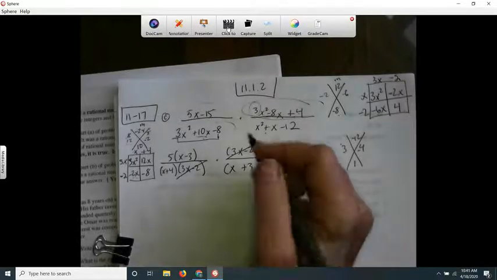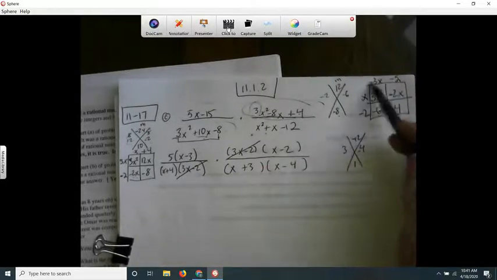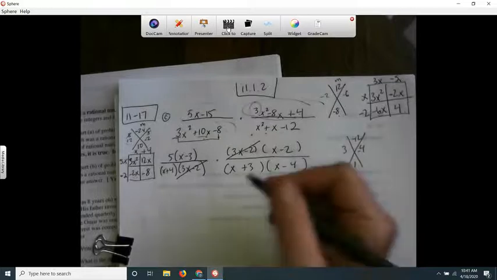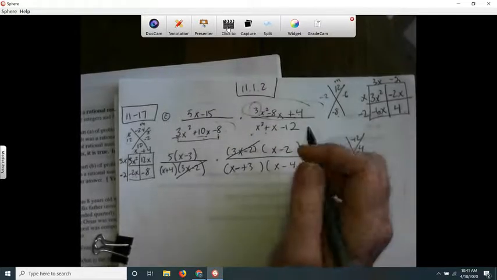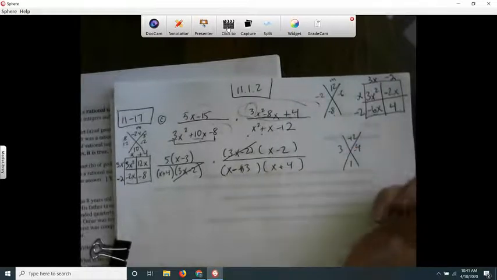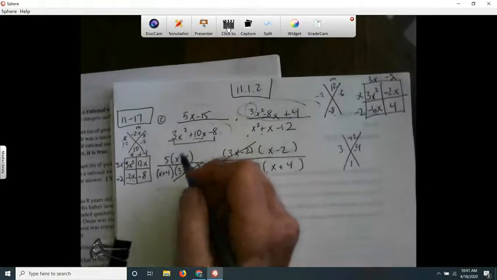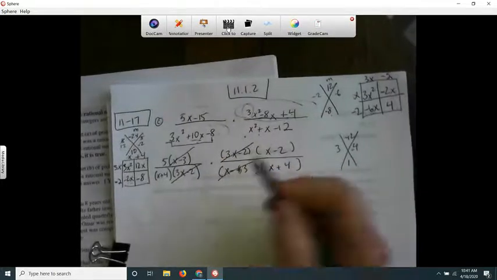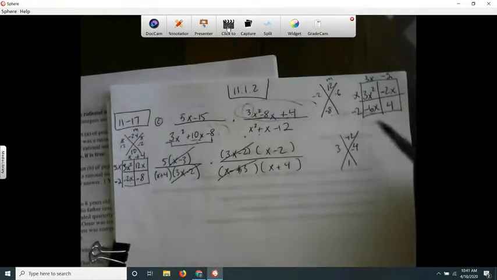Oh, see, I messed myself up. I should have just made the area model box. This is x minus 3, x plus 4. Sorry. So this x minus 3 cancels out. See, don't take my advice. Go ahead and make your area model box so you don't mess up the signs.